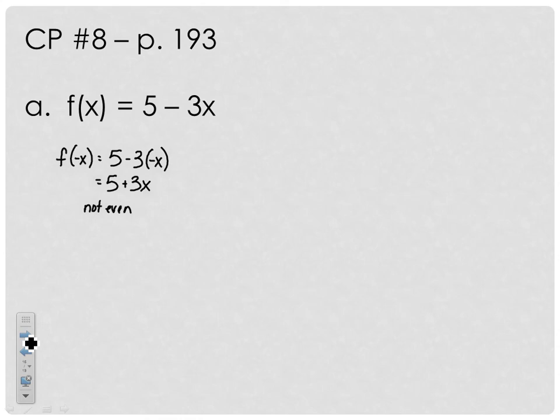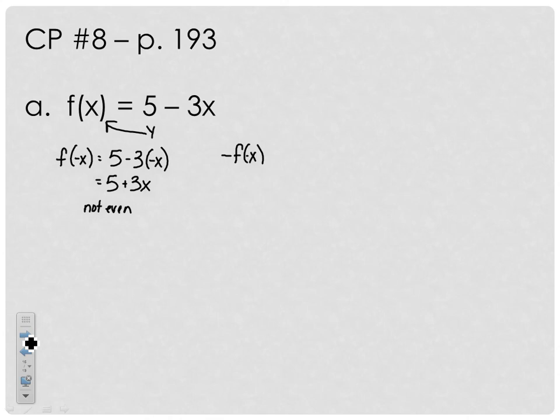Okay, now let's check it with respect to the origin. So now we want negative y and negative x being placed in. Now remember, this thing right over here is y, correct? So if we're going to put in negative y, we're looking at negative f of x.